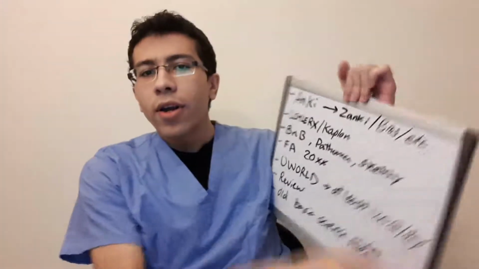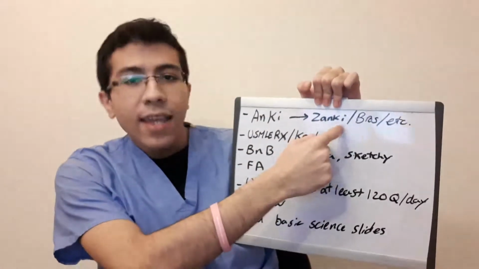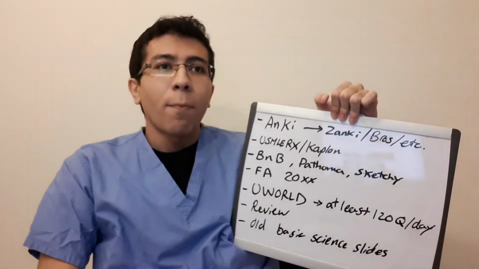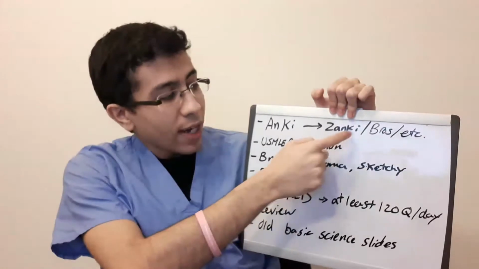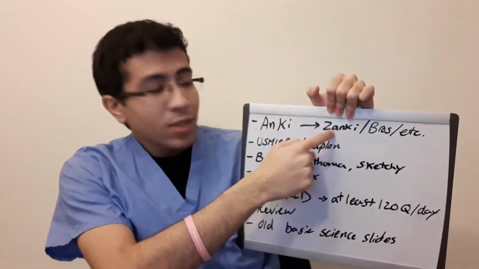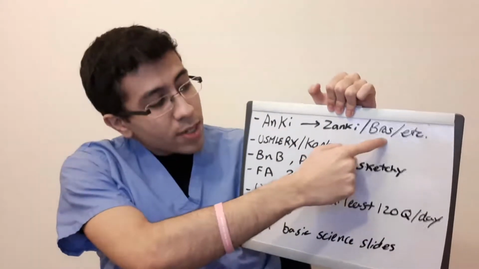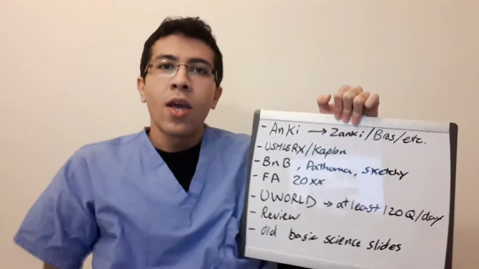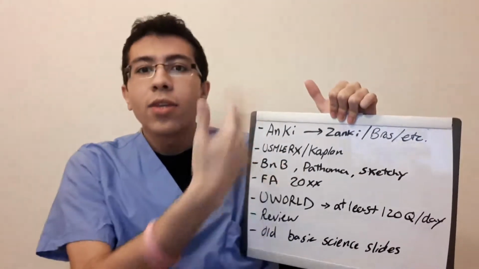The ones I would recommend are Anki flashcards, and you do it with something like Zanki or Bros. There are a lot of new ones out there now, but you should do your own research and see which one works for you. The one that has seen good results and everybody knows about is Zanki. Bros is a little bit older, but I think it's still a lot of good information. And of course, you can make your own flashcards with Anki and use those instead.